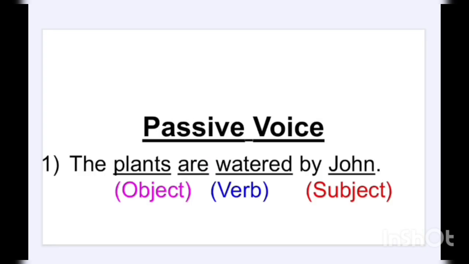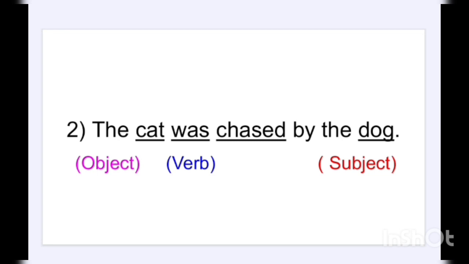In passive voice, the plants are watered by John. Plants is object, are watered is a verb, and John is a subject. So it's object plus verb plus subject. The cat was chased by the dog.